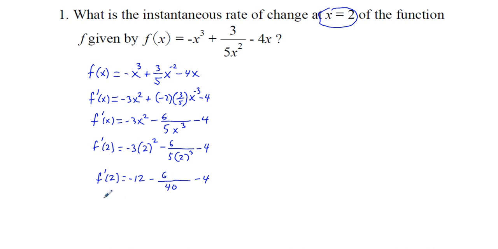So we have f prime of 2 equals negative 12 minus 3/20 minus 4. And we can change all these to 20ths. F prime of 2 equals negative 240 20ths minus 3/20 minus a 4, which is 80/20.